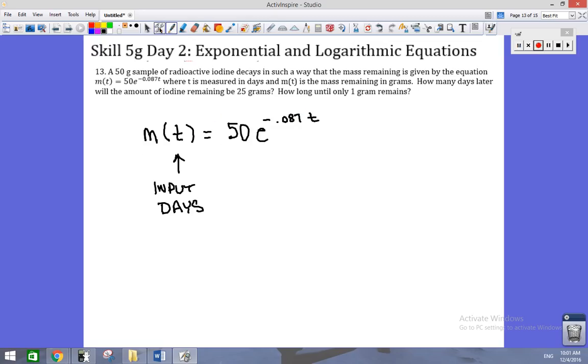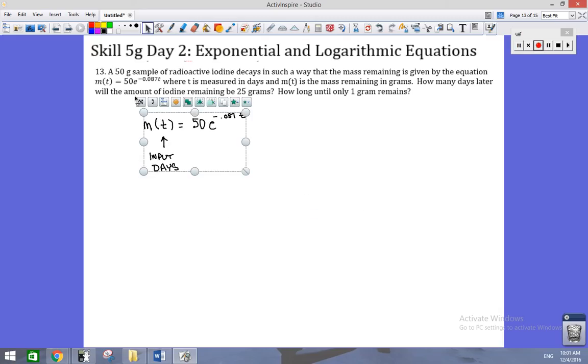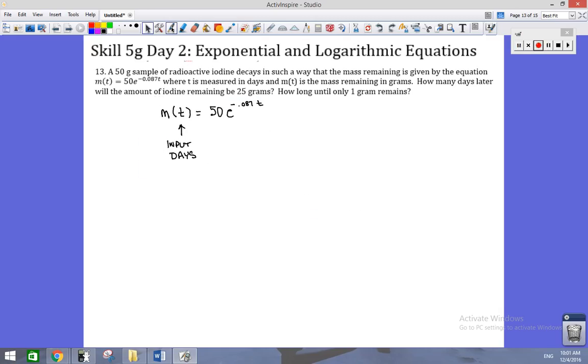Let's point that out. It's not asking us that. We're just trying to make sense of what this equation provides for us. So initially at time t equals 0, we've got 50 times e to the negative 0.087 times 0.